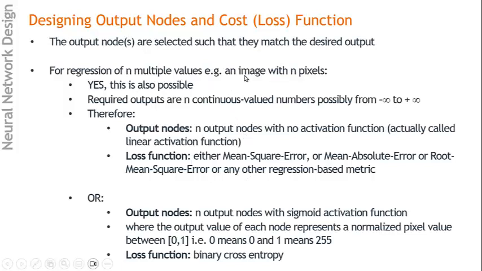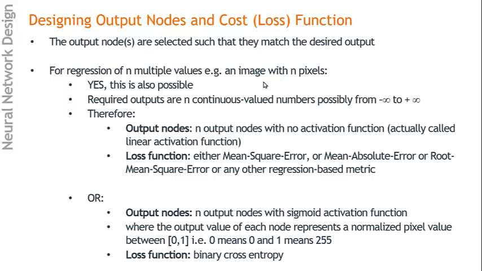Okay. Now, we can also do regression of multiple values. For instance, an image with n pixels. Now, the difference here between an image with pixels and, say, the price of a house is we know that for an image with n pixels, each pixel value is going to be between 0 and 255.